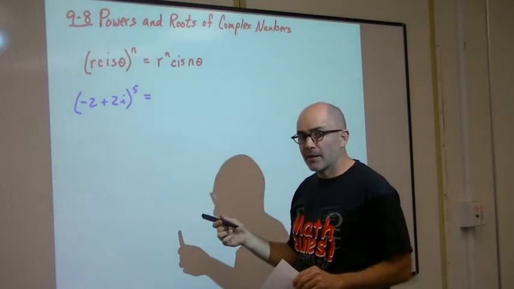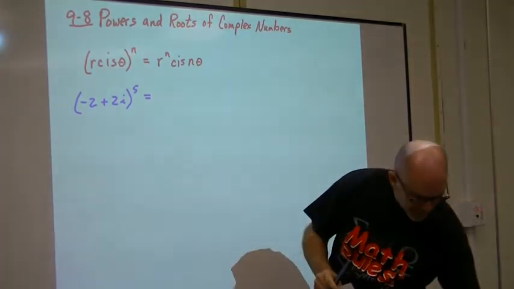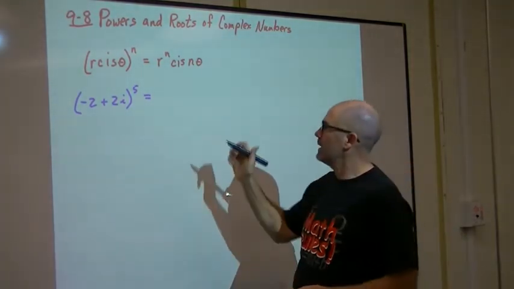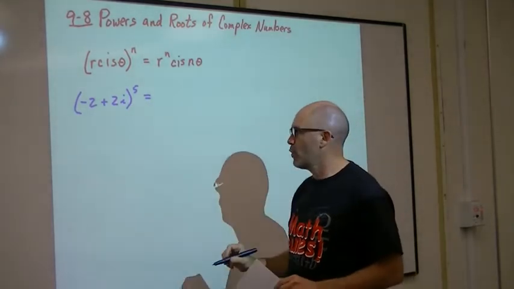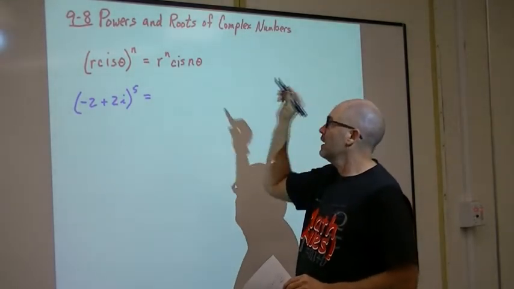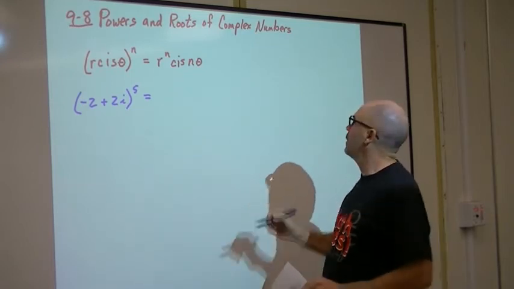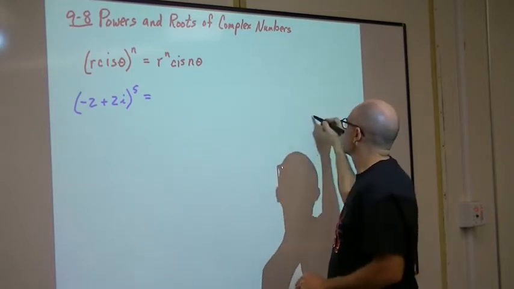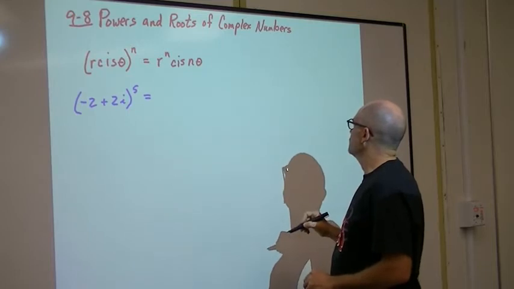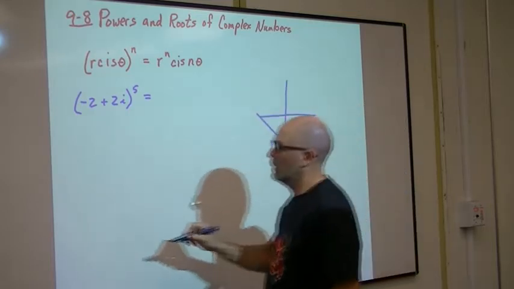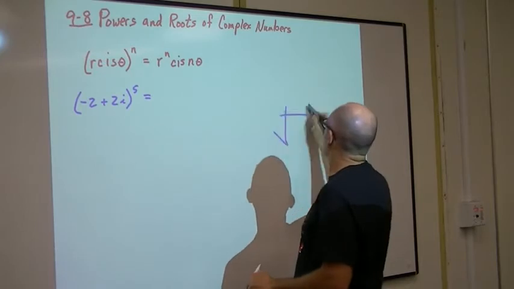Good luck with that. I would much rather take the polar form of this and then just plug it in this formula. So, what is negative 2 plus 2i?